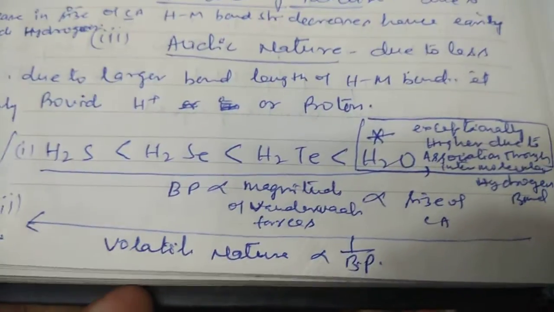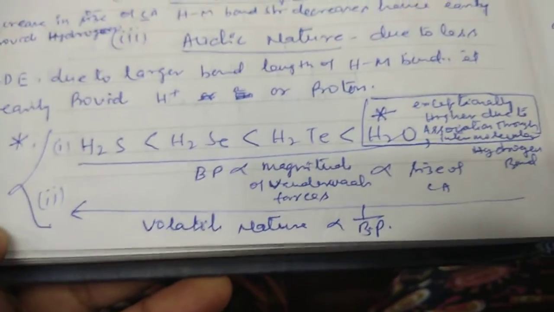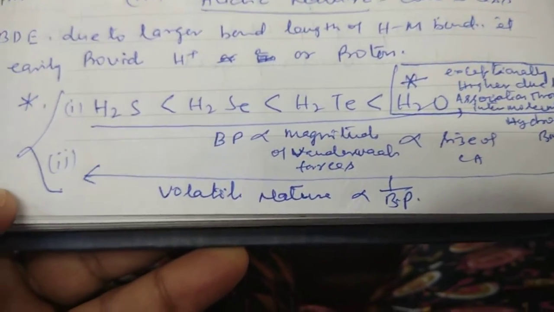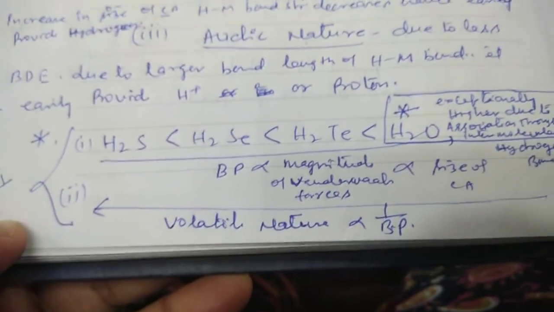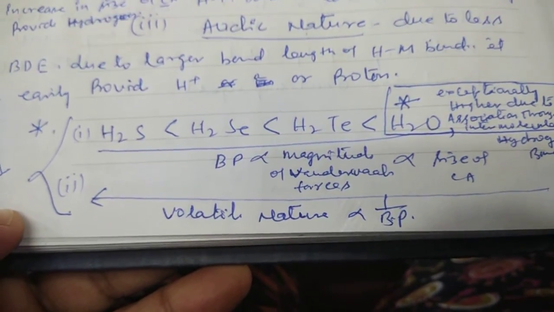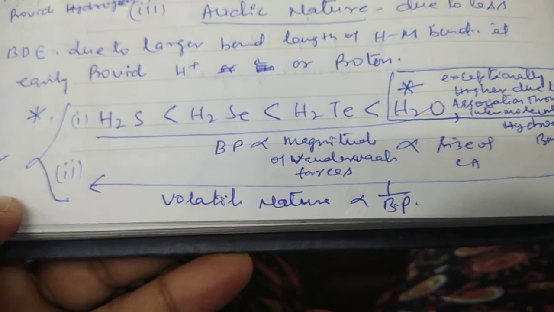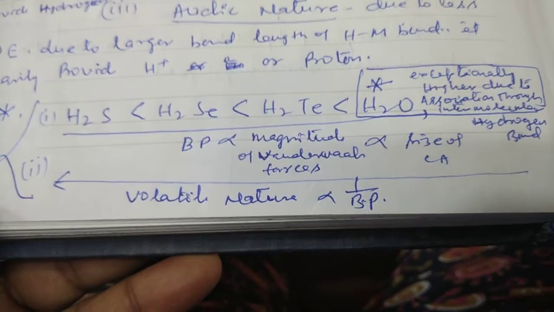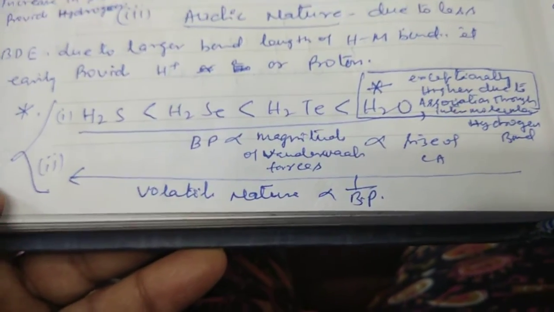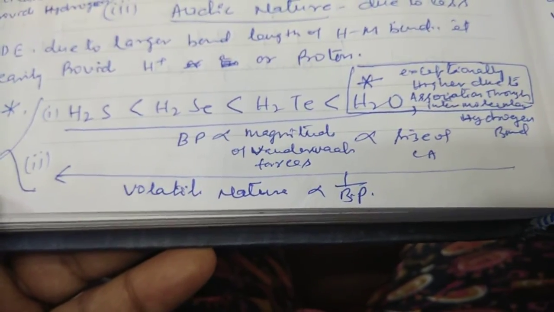Class, volatile nature. Two years back, this question was asked in the board examination: why is H2S more volatile than water? Volatile nature is just opposite to the boiling point. The compound which has a lower boiling point will be more volatile.